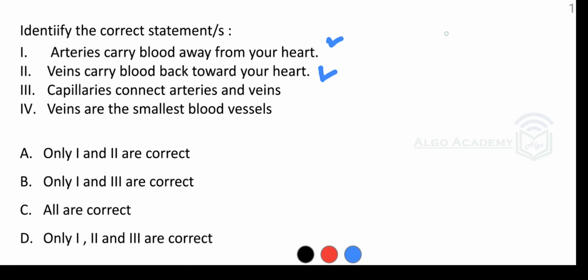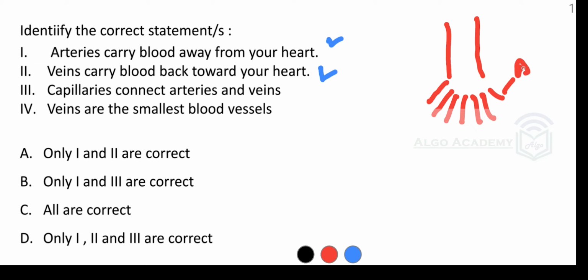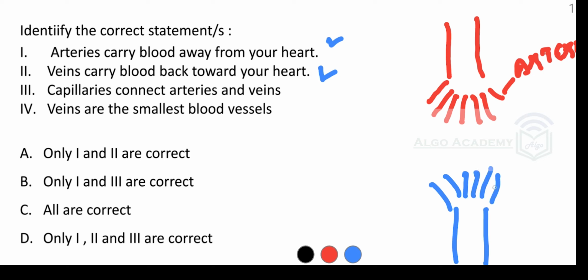If you see the structure of arteries and veins, we have the arteries here which divide into small arteries called arterioles. Similarly, the blood is received by small veins called venules.